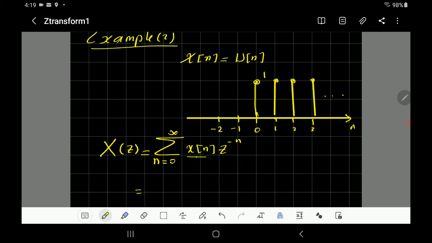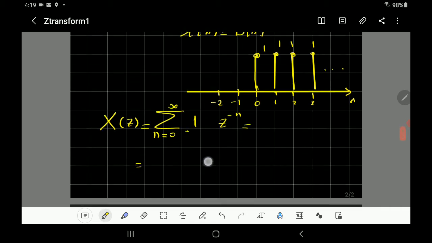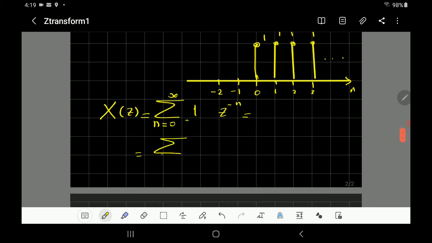And the value of x[n], since I'm working with unit step, is equal to 1. So I'm going to change this to 1. So I can just write this in a simple way, from n equals 0 up to infinity, and you have z power minus 1, all to the power n.